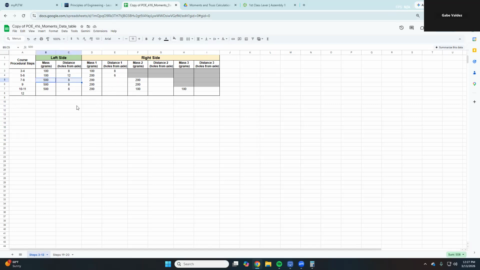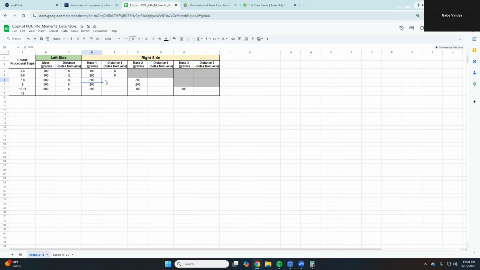This right here is going to be 4,000 gram holes. So where do I need to put these two 200 gram masses on the right hand side so that it equals this 4,000? Well, let's see. If I combine them and hook them up together, then that's 400.